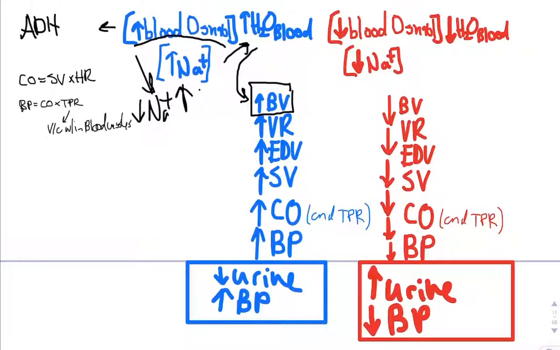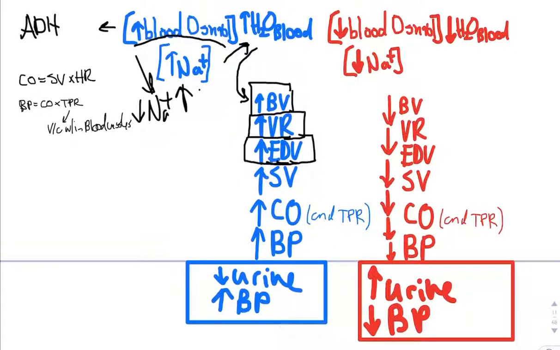But when you increase the water in the blood, that's going to increase the venous return, which is just the amount of blood in our veins returning to our heart through the inferior and superior vena cava. Then that goes to our atrium, and our atria dump that increased venous return into our end diastolic volume, EDV.